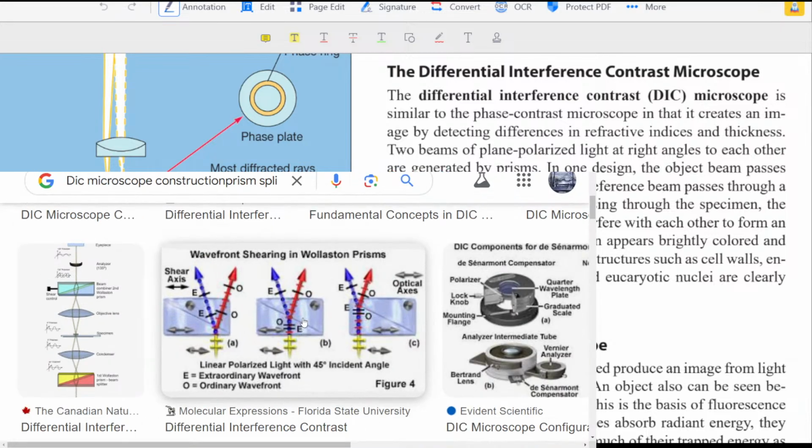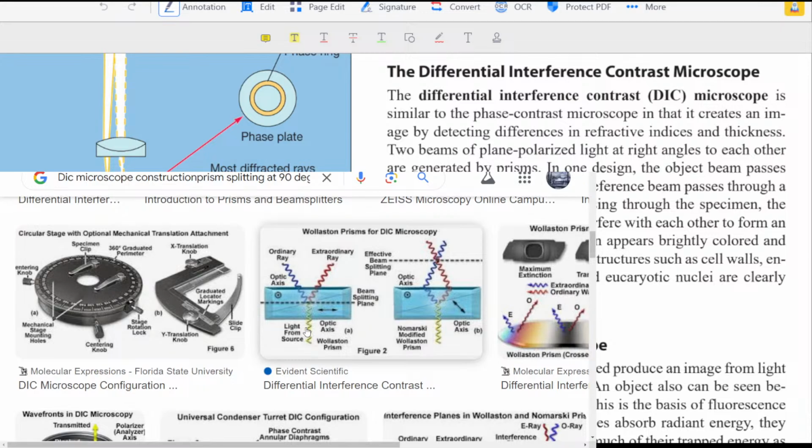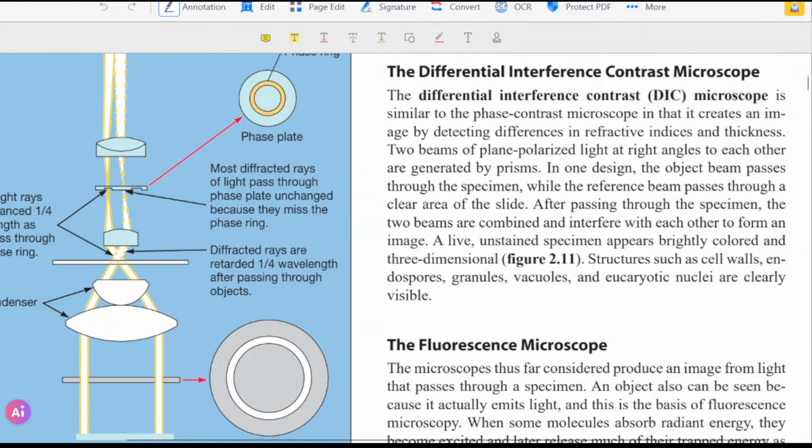They brought out the most complex pictures I have seen of the microscopes, and they don't give us the answer. Ordinary ray, extraordinary ray. Right angle prism, ray extension. What is this? Right angle prism. Oh, wait, was the prism right angle? Was I reading it wrong?